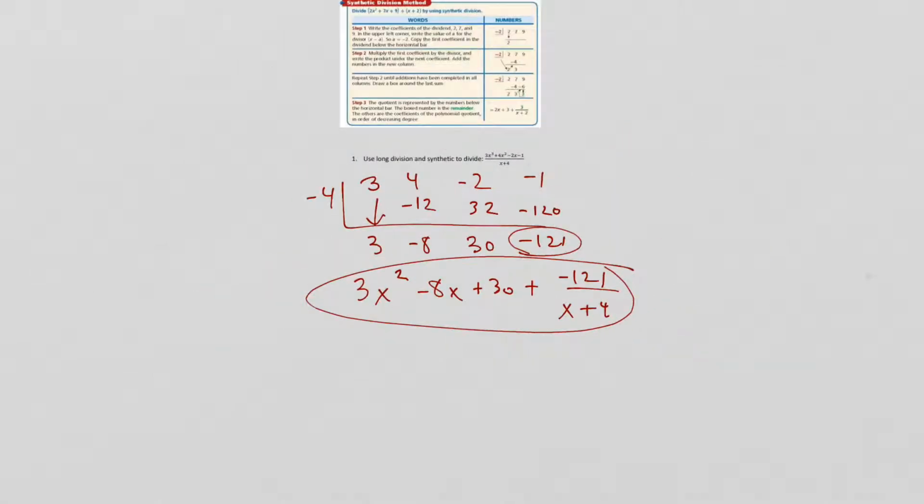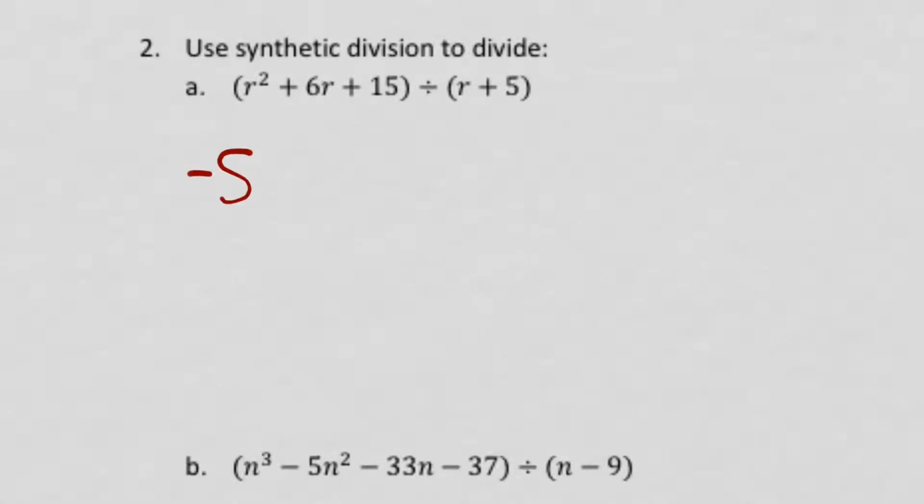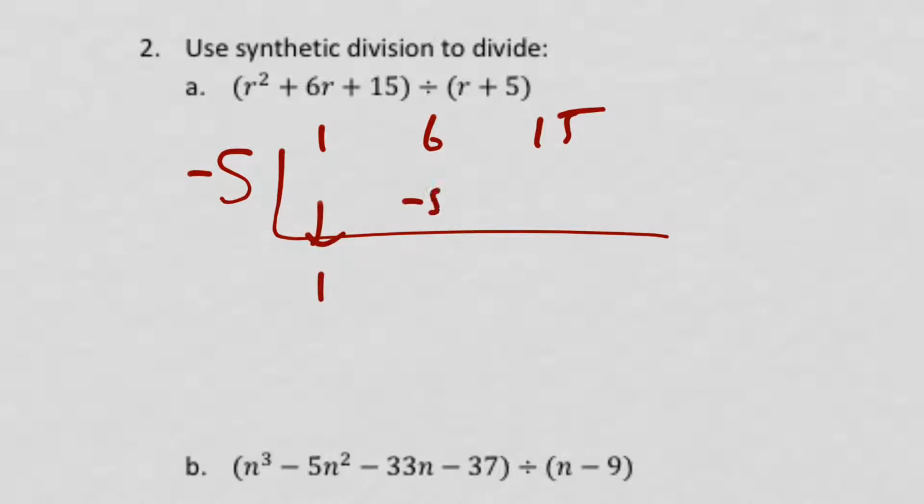Again, I encourage you, try these on your own, but if you feel like you need a bit more practice, I don't mind lending a hand. In this entire page, all you're going to do is basically synthetic division. That's it. And it's 1x, ooh, that's not an x, that's an r.